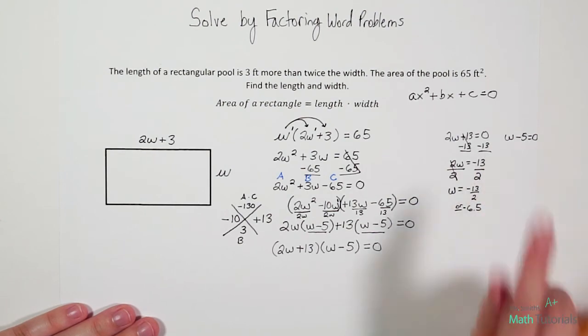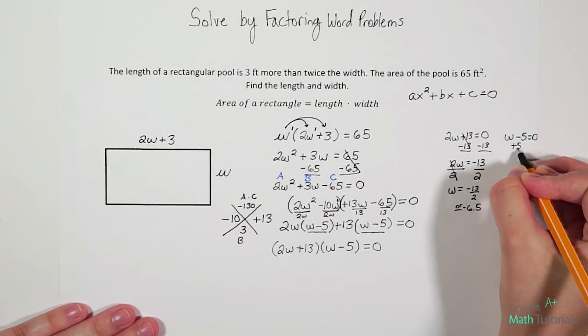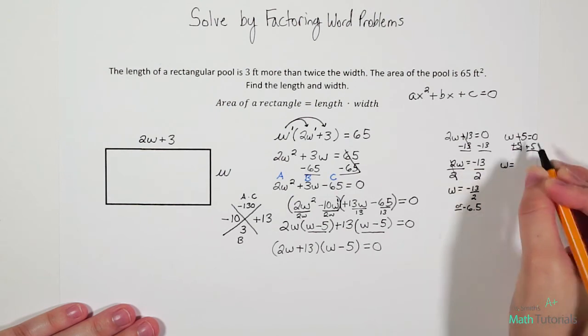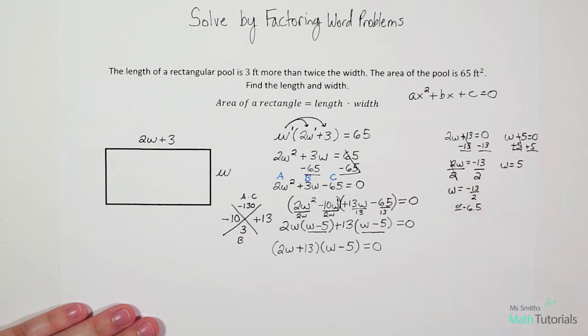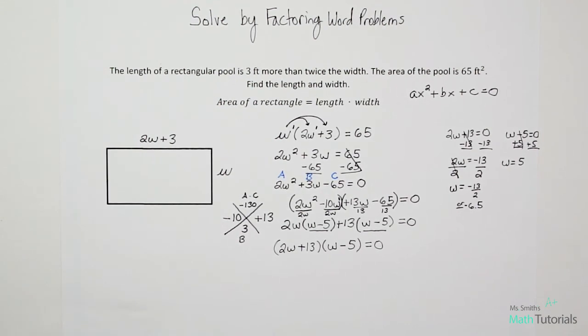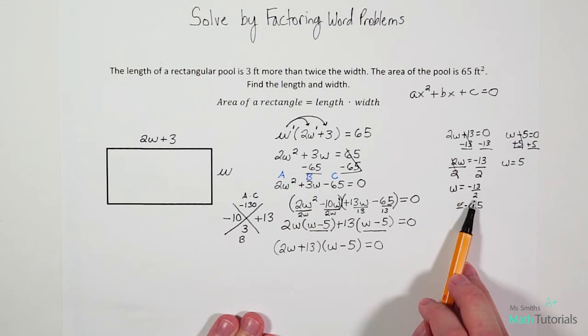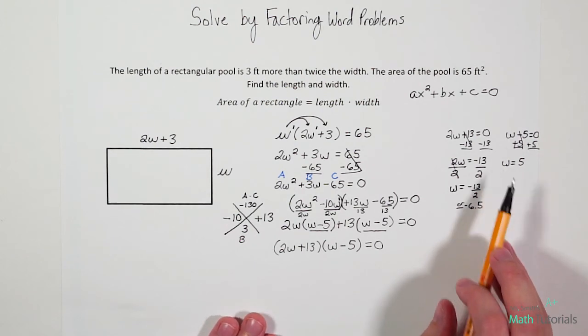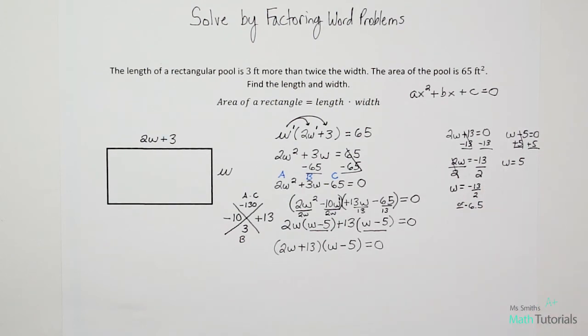Now for this one, I would want to add 5 to both sides. And I get W equals positive 5. We ended up with 2 different W answers, right? We have this one, W equals negative 13 over 2, or negative 6.5. And we have this one, W equals 5. We have to look at the context of our problem.